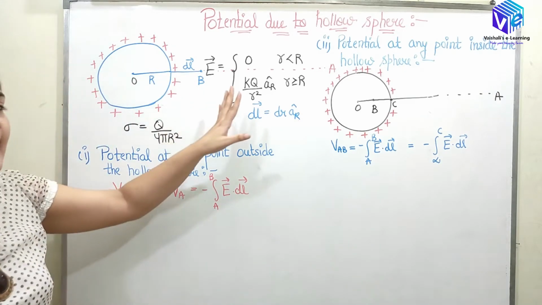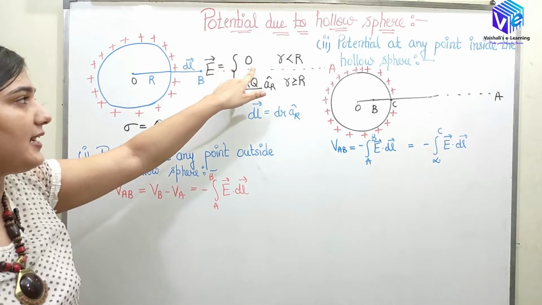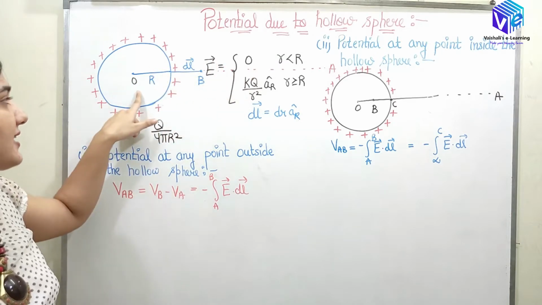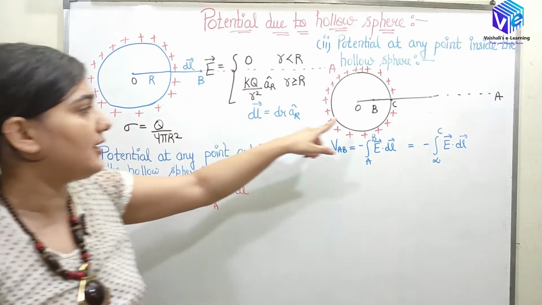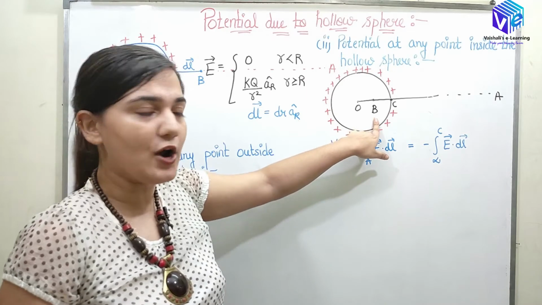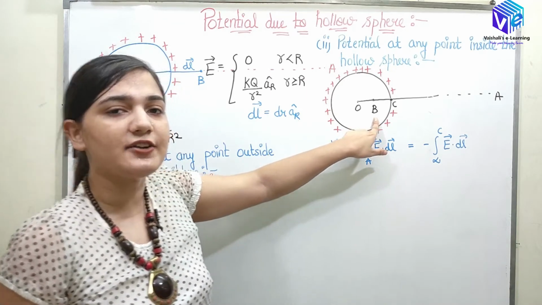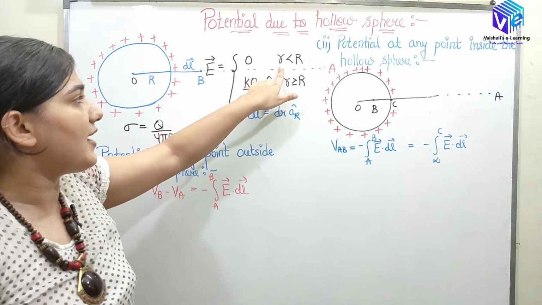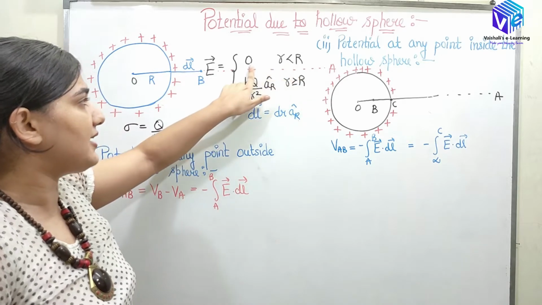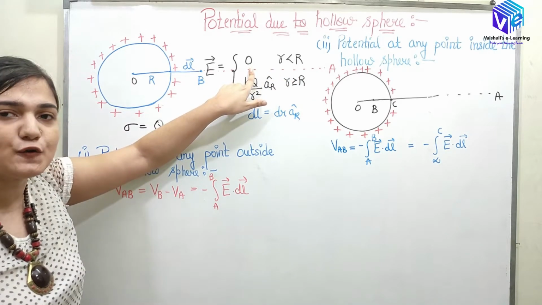So directly I am writing down the electric field at any inside point. At this point the electric field will be 0. So when r is less than R, the electric field is equal to 0.